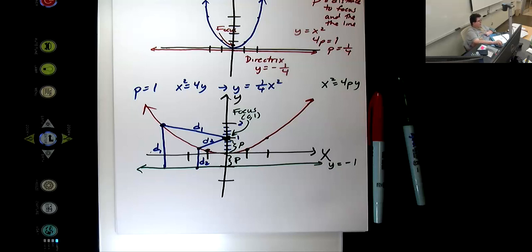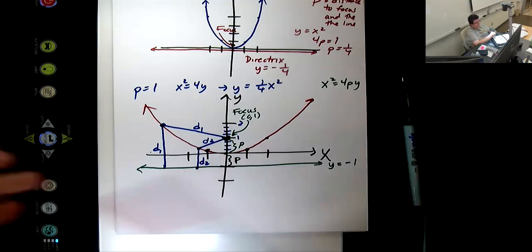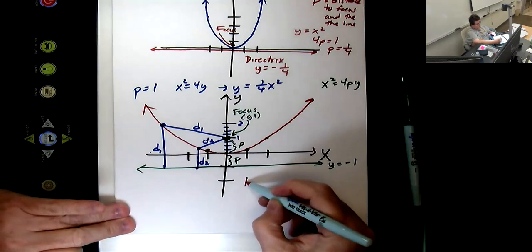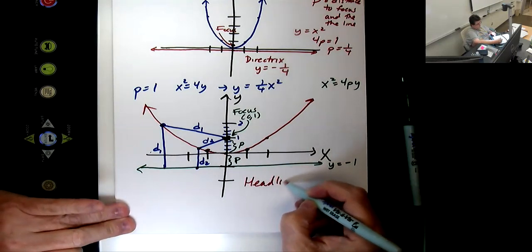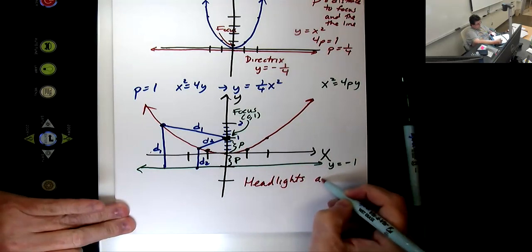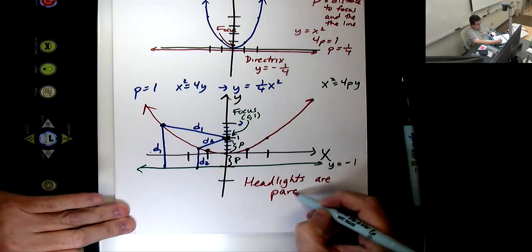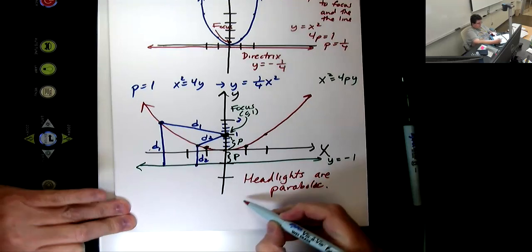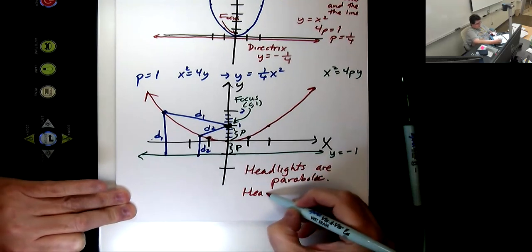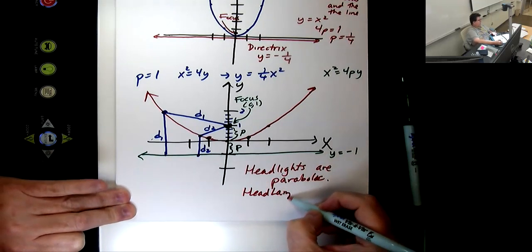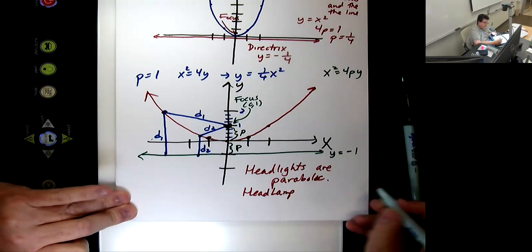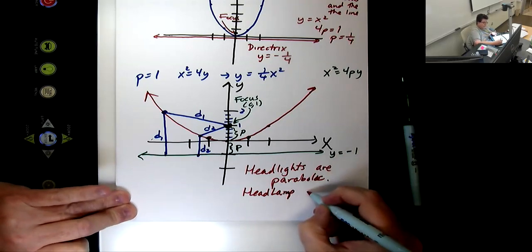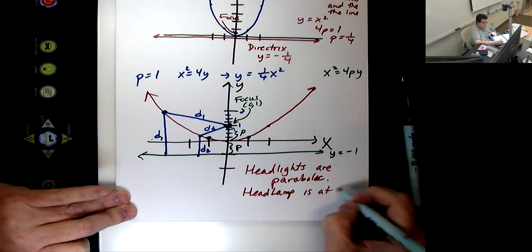Headlights are parabolic. The light bulb or the headlamp, I believe, is the official word for the light bulb in that headlight. The headlamp is at the focus.